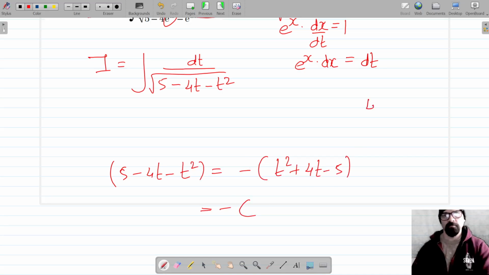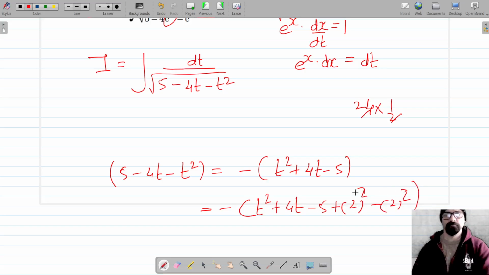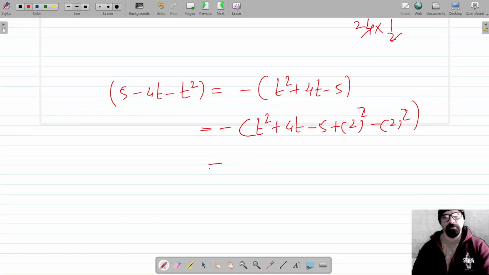So multiply the coefficient of t with half, which is 2, and add and subtract the square of 2. This gives me negative of t plus 2 the whole square, minus 5 minus 4 is minus 9, so this is negative 3 squared.